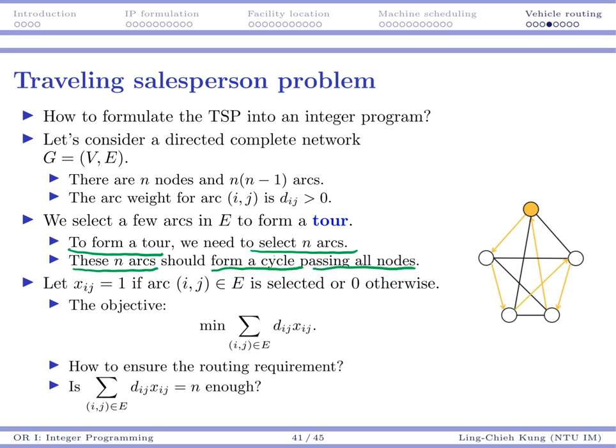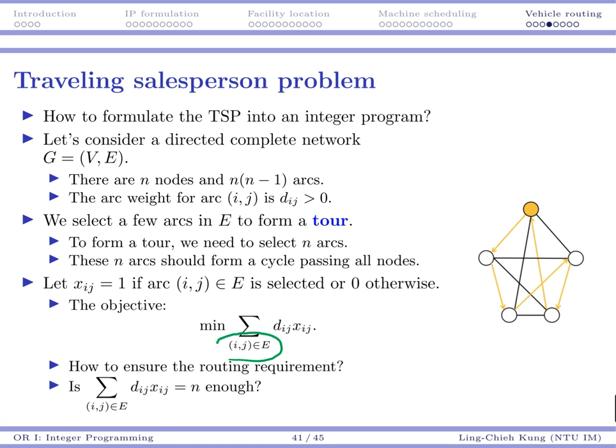So I guess it's not too surprising. For each arc, we're going to set xij to be 1 if that arc is selected as part of the tour, and if the arc is not selected, xij should be 0. Okay, so the objective value is here.